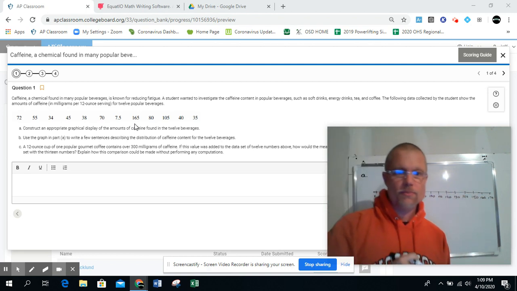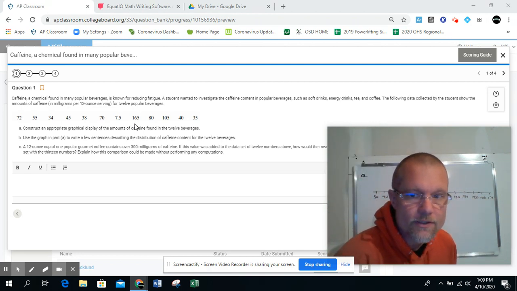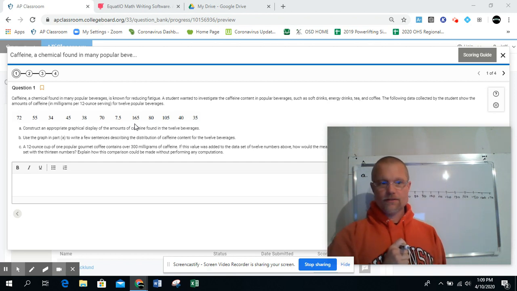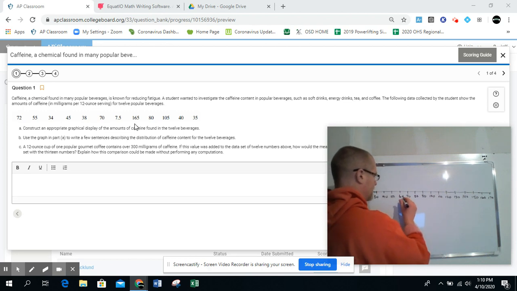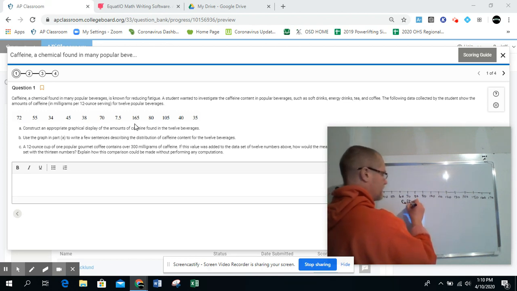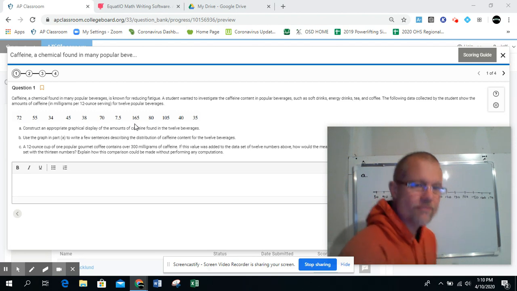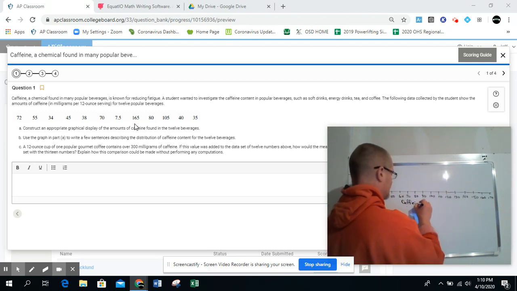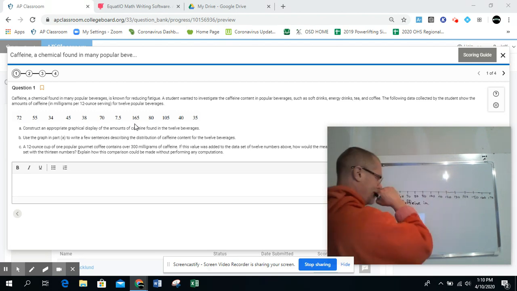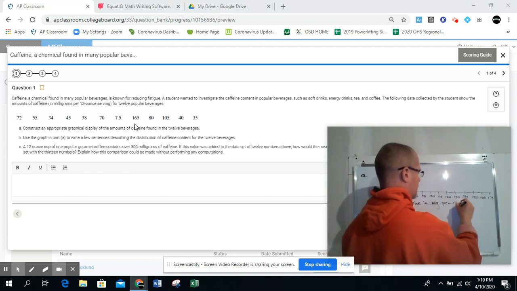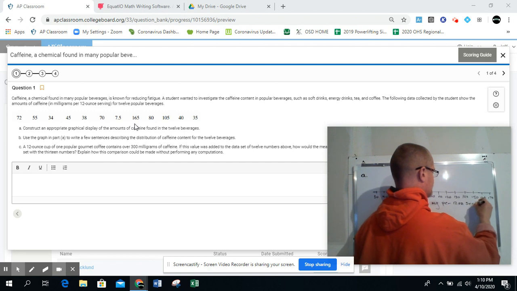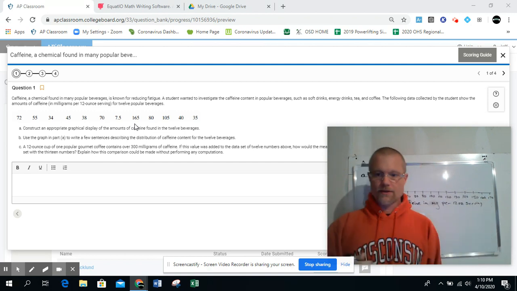Those values represent the caffeine, in milligrams per 12-ounce serving.